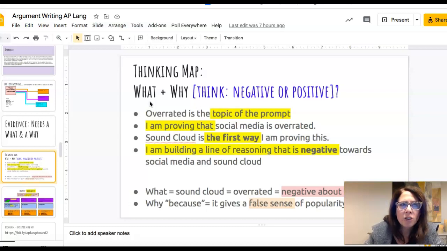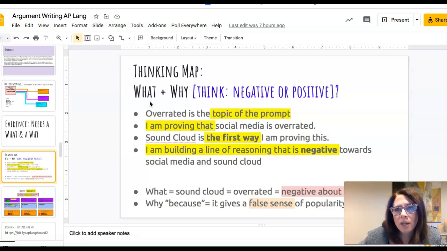One of the number one reasons that students don't earn top scores on this is because there are holes in their reasoning, and that usually happens when students contradict themselves or they're not clear with their position. An easy way for me to remember is, am I taking a negative or positive stance?